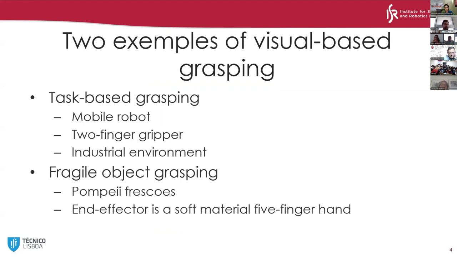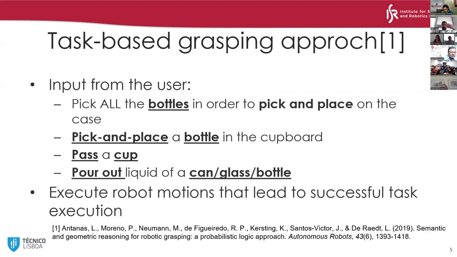Starting with the task-based grasping, this was a big collaboration between several partners. As anybody can know about ChatGPT, you can put a lot of inputs, and then according to the input, you can get some outputs.